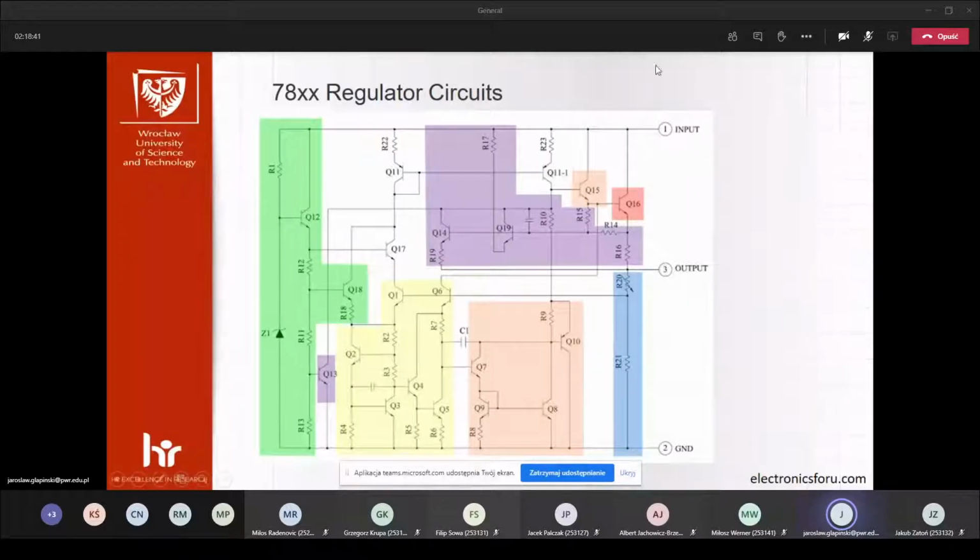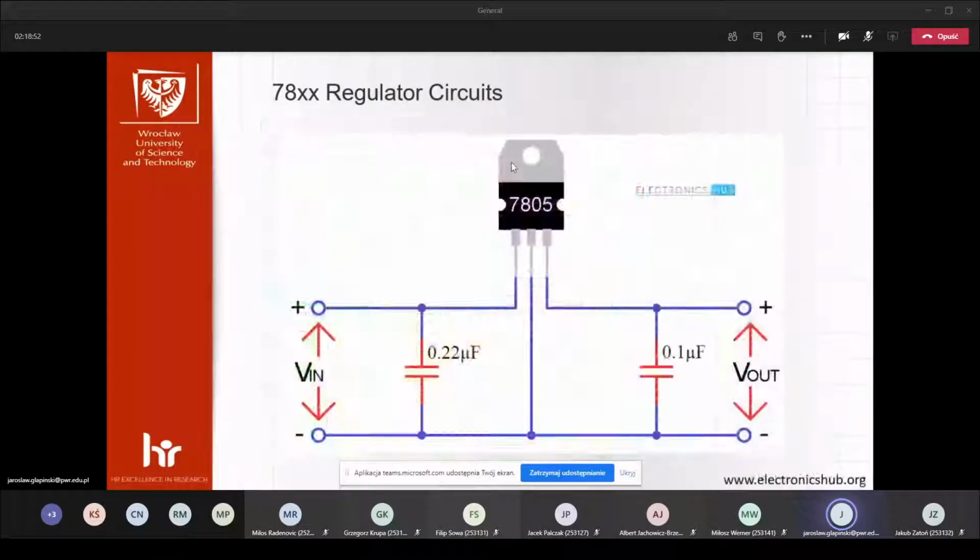Generally we use some complex regulator circuits. Yes, and this is a solution of the series regulator. You probably know this circuit, and we just add the non-stabilized input, and we have a stabilized output.